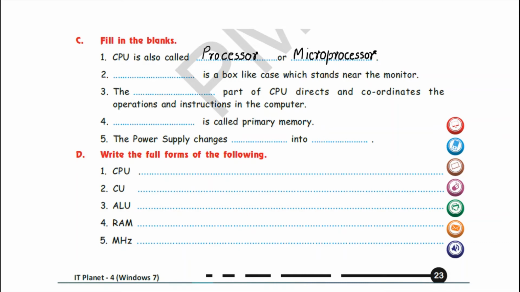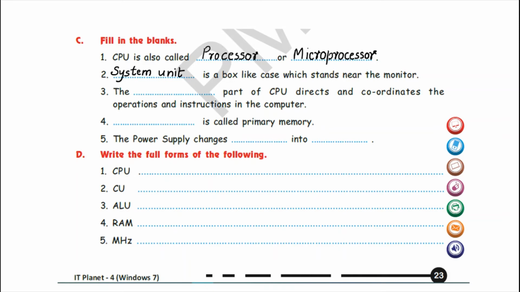Number 2. Dash is a box-like case which stands near the monitor. System unit. So right here, system unit. System unit is a box-like case which stands near the monitor. Number 3.